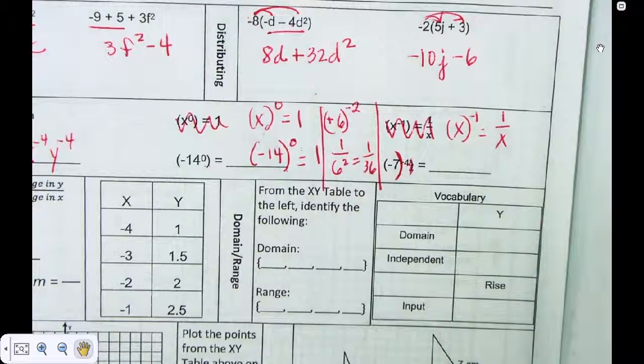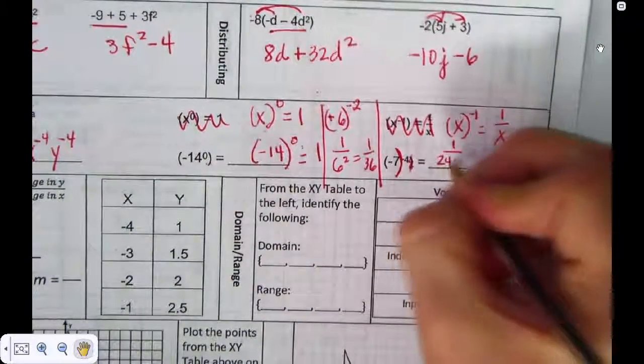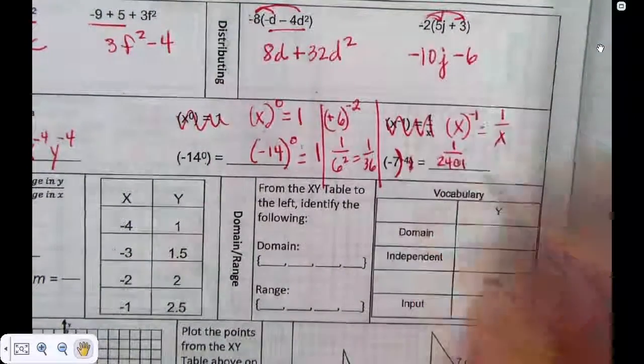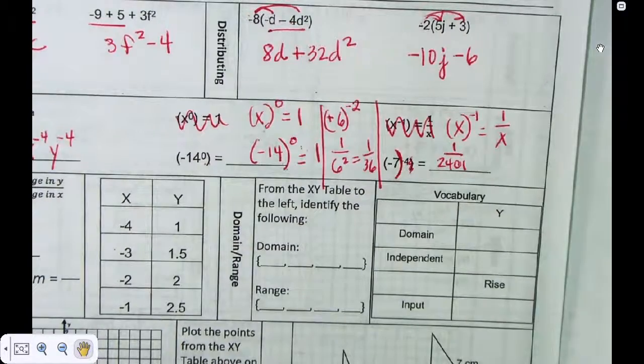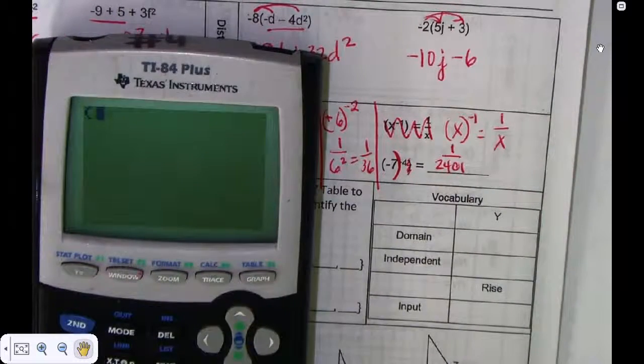Okay, we'll go with that just right now. I'm going to show you something in just a second. So what'd you get? 1/2401, huh? 1/2401? Good.